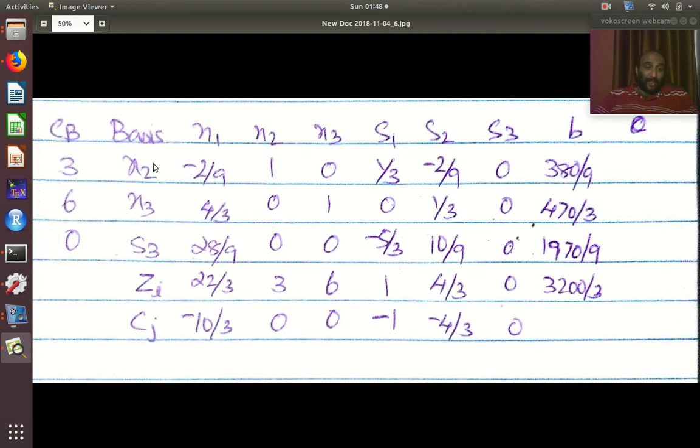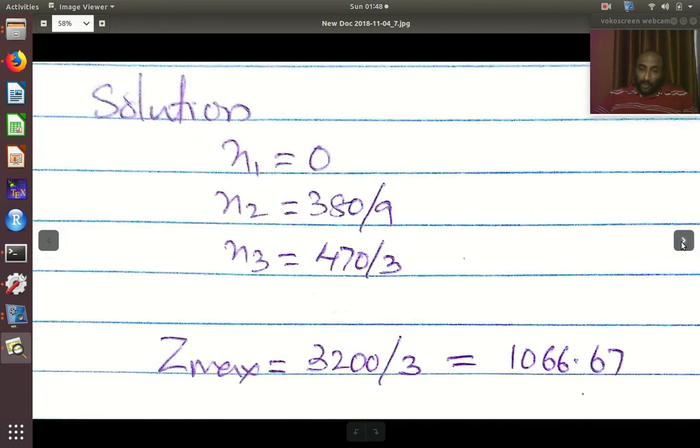That means x1 is 0, s1 is 0 and s2 is 0, and only x2, x3 and s3 have values. So x2 is 380 by 9, x3 is 470 by 3, and s3 is 1970 by 9, which is not relevant because it is not a variable we are seeking, and z is 3200 by 3. So taking x1 equal to 0, x2 equal to 380 by 9 and x3 equal to 470 by 3, z max is 3200 by 3, and the numerical value is 1066.67.